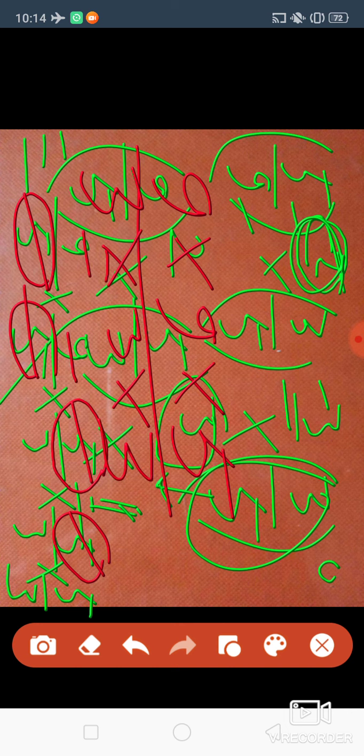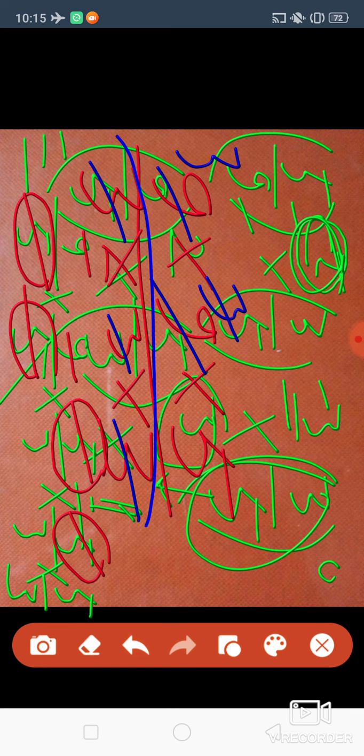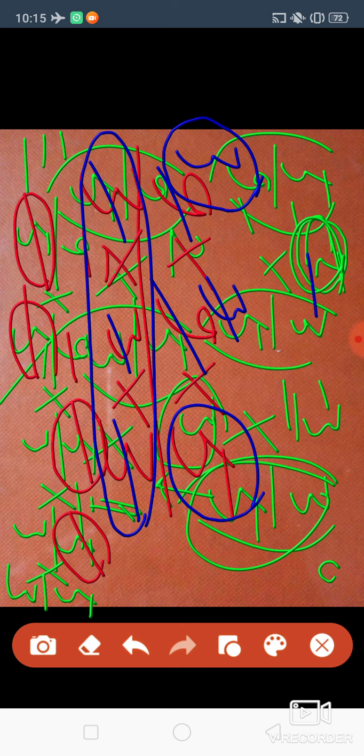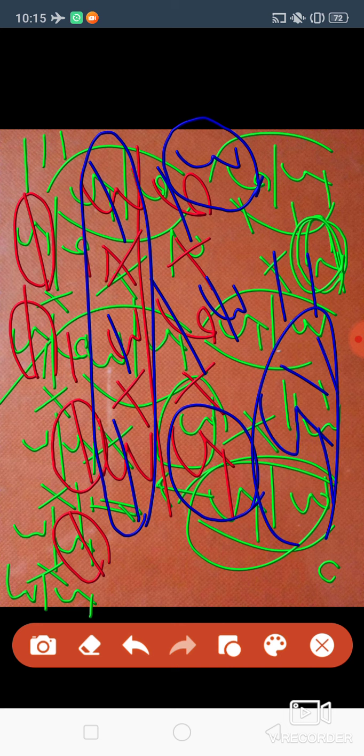Now 3 and 9 can be cancelled, since 3 threes are 9. Again 3 and 9 can be cancelled, and again this 3 and this 3 can be cancelled. Finally in the denominator everything is cancelled, and in the numerator we are getting 3 and 5, so finally 15. This is your answer.